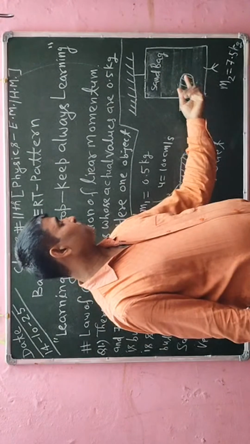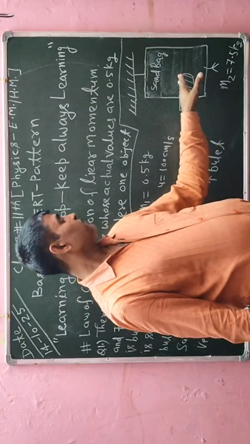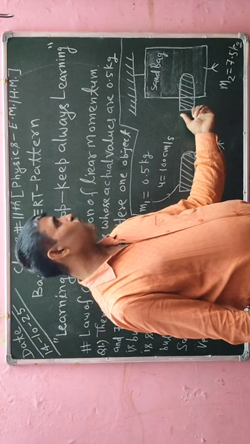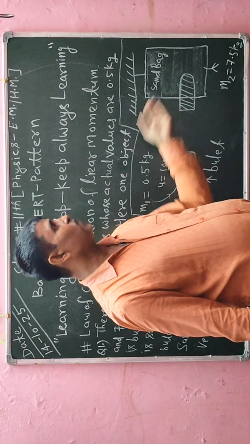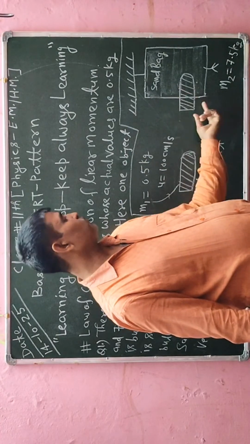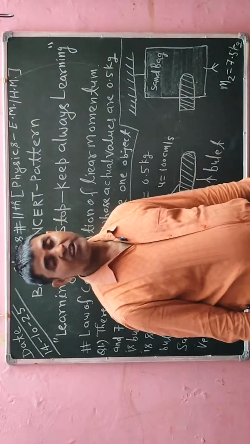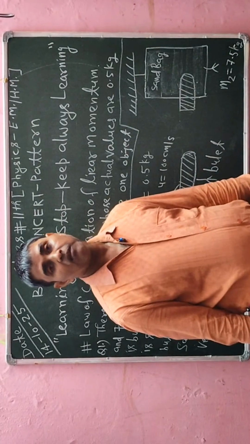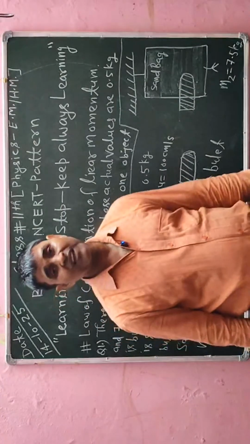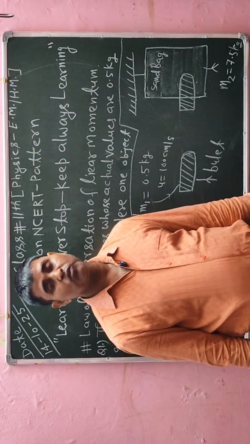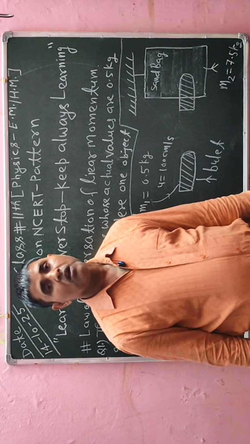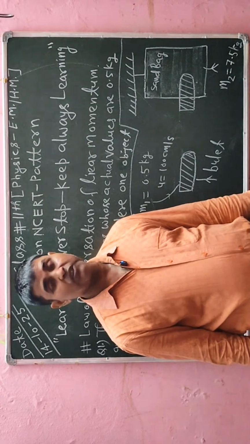But the sandbag with the bullet will move in the backward direction. According to conservation of linear momentum, m1 u1 plus m2 u2 is equal to m1 v1 plus m2 v2. So these are the informations.